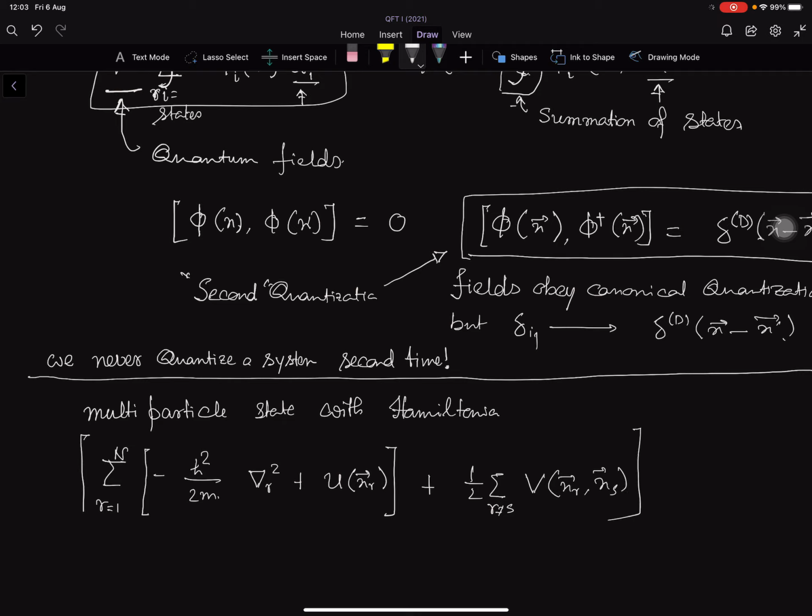So this is the full Hamiltonian, and when it acts on the multi-particle product wave function, it gives me the energy of the state.